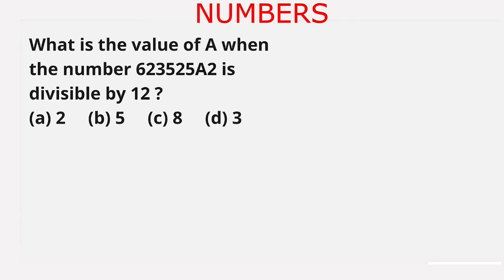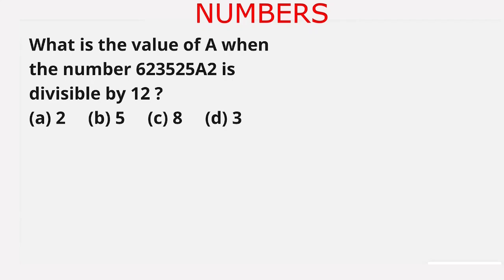And if a number is divisible by 3, it means that the sum of digits must be divisible by 3. So we first find the sum of the digits, and from there we will find the value of A.